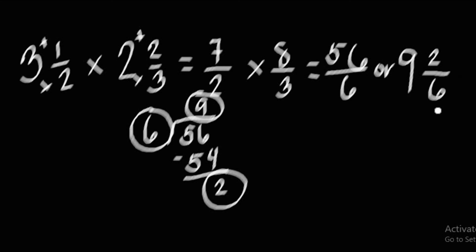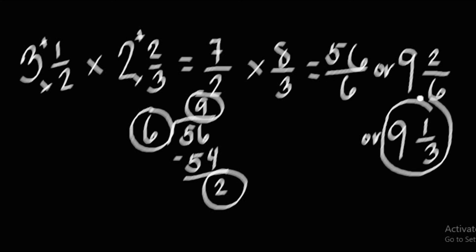Our fraction part here still needs to be simplified, so we simplify it to its simplest form. What is the lowest term for 2/6? Yes, it's 1/3. Our final answer to the problem is 9 and 1/3.